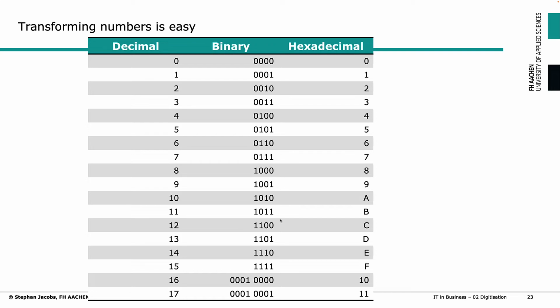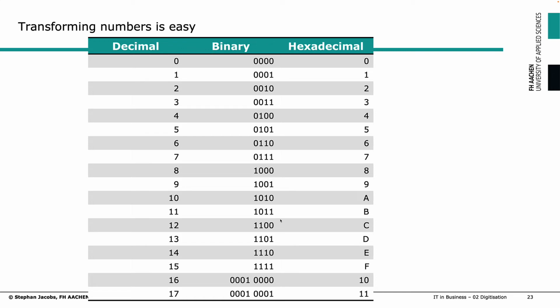If you have hexadecimal numbers on top, we have a system based on 16 different digits. So we start with 0, and when you come to 9, we simply have 6 more digits, and these are A, B, C, D, E and F. And you can see simply that each of these hexadecimal digits corresponds to one block of 4 binary digits.